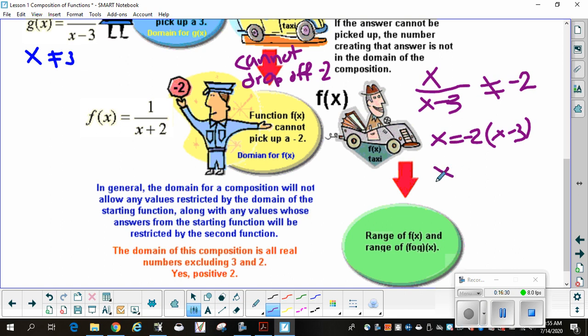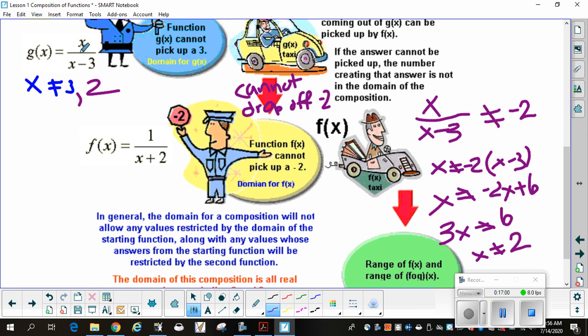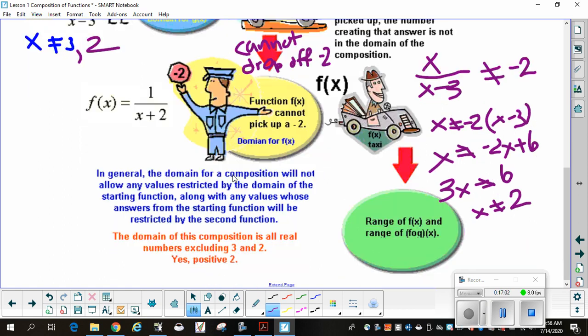When I distribute, x, oops, that's a not equals, does not equal negative 2x plus 6. If I add 2x to both sides, I get 3x cannot equal 6. x cannot equal 2. So in addition to the 3, I also cannot pick up a 2, because if g picks up a 2, the answer is going to get stranded here in the middle.